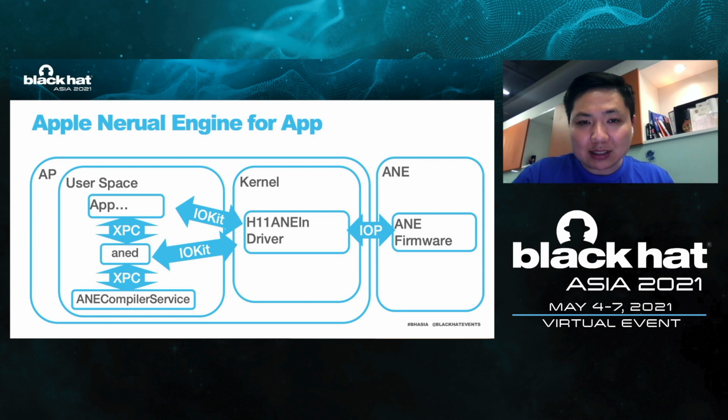Similarly, I use some frames and arrows to indicate different privileged spaces and interaction methods. Unlike a secure neural engine, the app can directly access several kernel driver interfaces. The compilation of ANE will be in a separate and isolated process, and the ANE firmware is not encrypted.